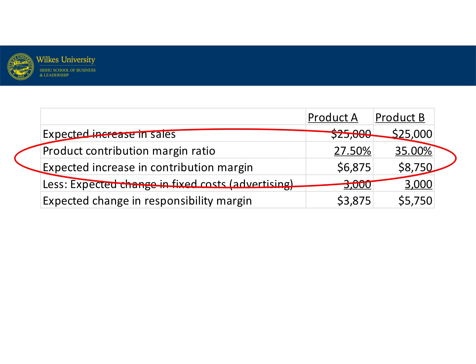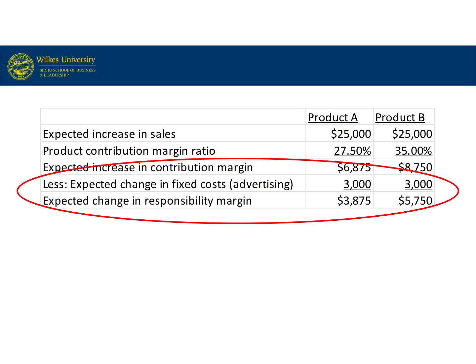So, after using those percentages, we have the expected increase in the contribution margin. From there, we subtract the expected change in fixed costs from the marketing campaign we're analyzing. And the result is the expected change in the responsibility margin.